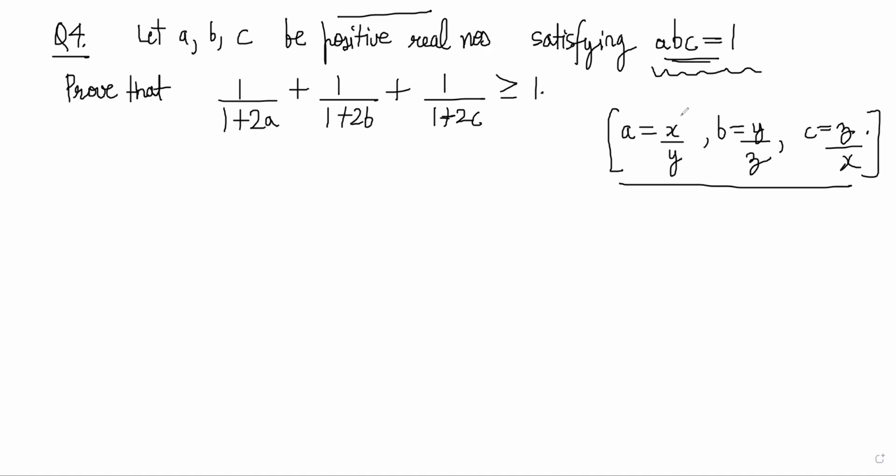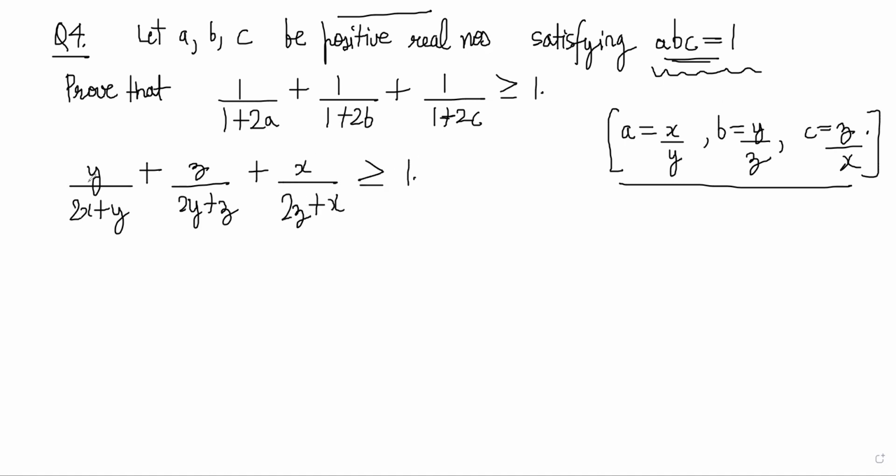So there is no issue of x or y or z becoming 0. So if I put this substitution in, the problem starts looking like this: y by 2x plus y, plus z by 2y plus z, plus x by 2z plus x is greater than equal to 1. We have to show this now, right? Now at this stage, what I would do here is apply Cauchy's inequality.